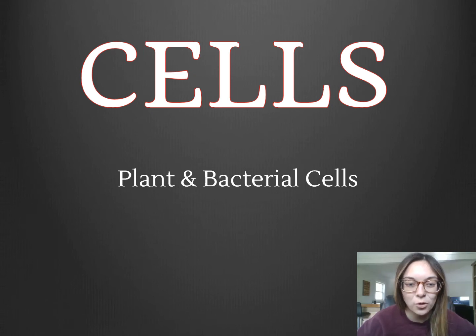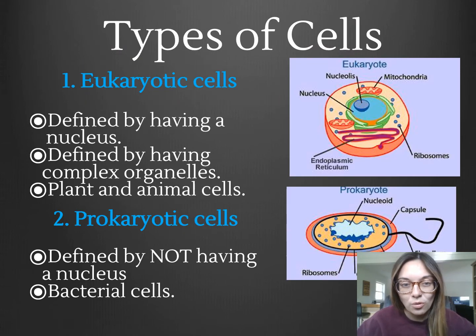Alright, so in this video we are going to cover plant and bacterial cells and any other organelles that we did not cover in the previous video. So, a review of the types of cells. One, there are eukaryotic cells. They're defined by having a nucleus and other complex membrane-bound organelles, which basically just means that the organelles are not free-floating around in the cell, but they are bound to the cell.